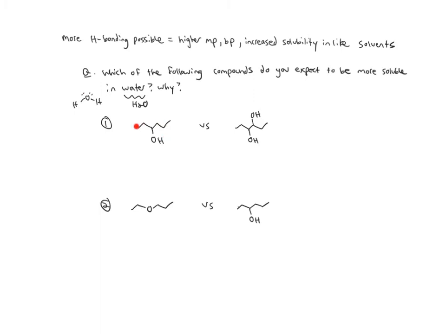In this one here, we have one OH group, so we can do H bonding between this group and water molecules. But with this one on the right, we have more H bonding possible because we have two OHs that can participate in H bonding with the water. So more H bonding is possible for this one.